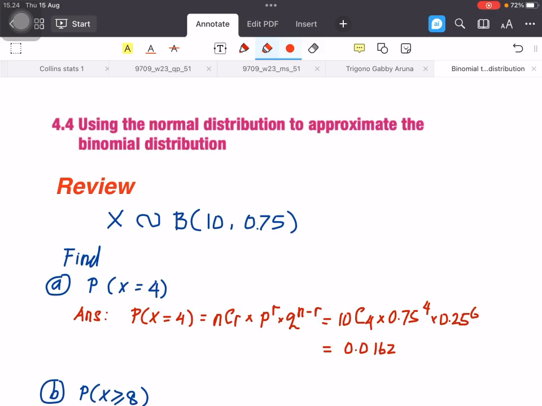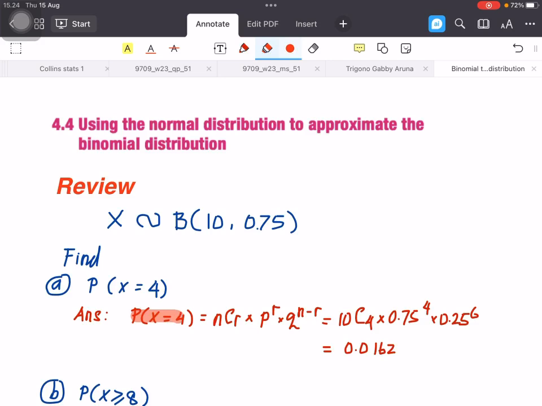So we are using the binomial distribution formula: when P(X = r), the formula is nCr times p to the power of r times q to the power of n minus r. q is the probability of failures.